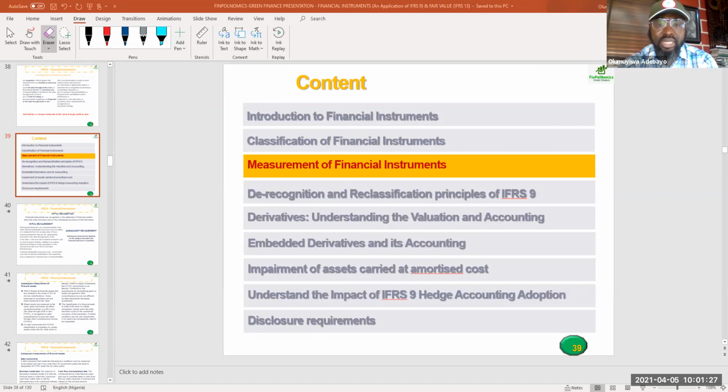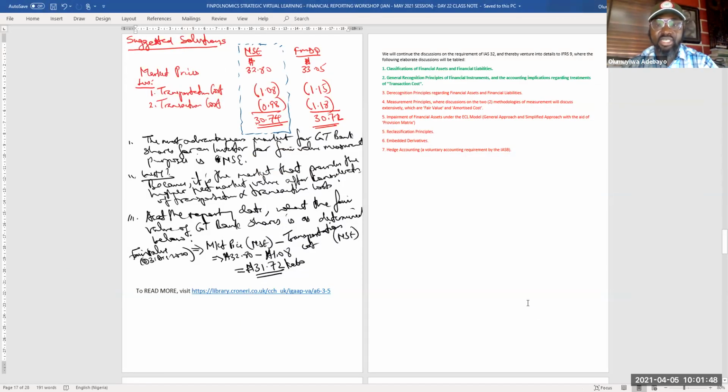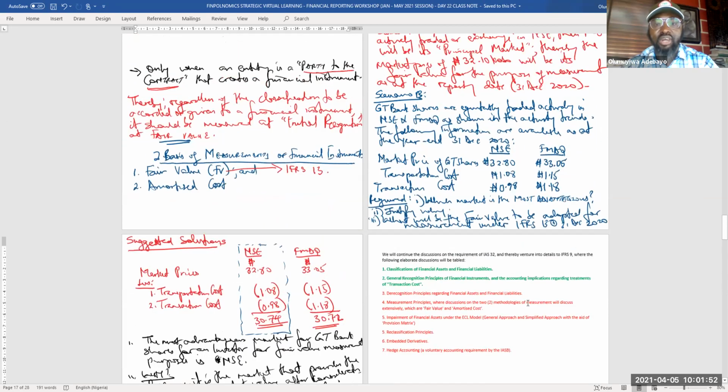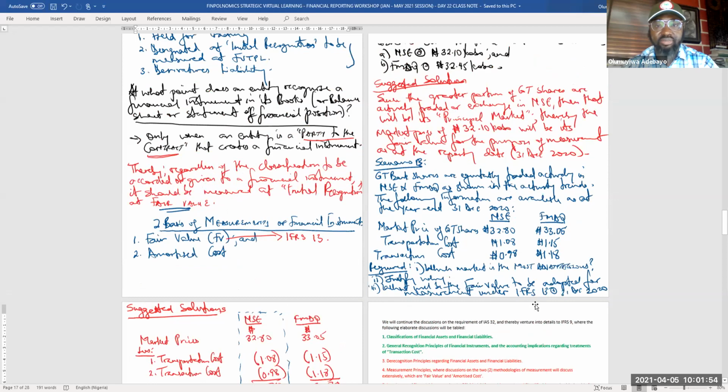In our discussion, we discovered that for the sole purpose of measurement, we need to understand the classification, or the group, into which a financial asset belongs. Financial instruments can be classified either as financial asset or financial liability in a manner that will affect the basis of its measurement.